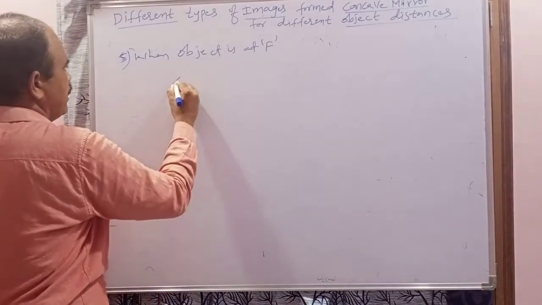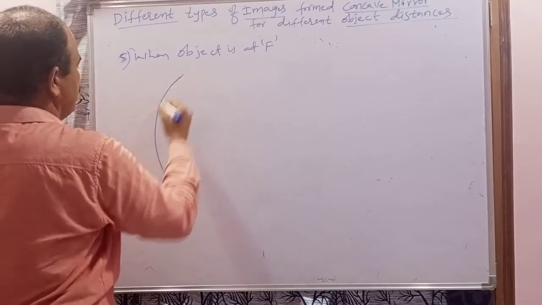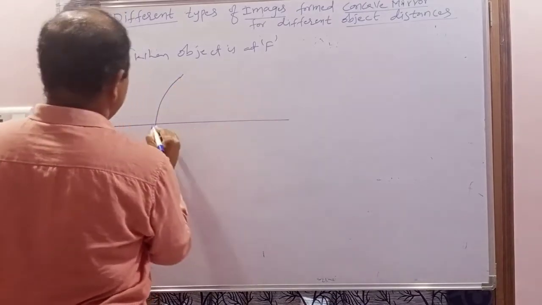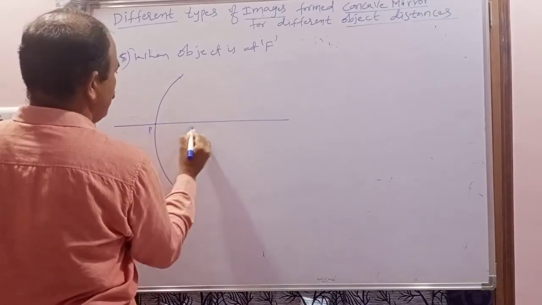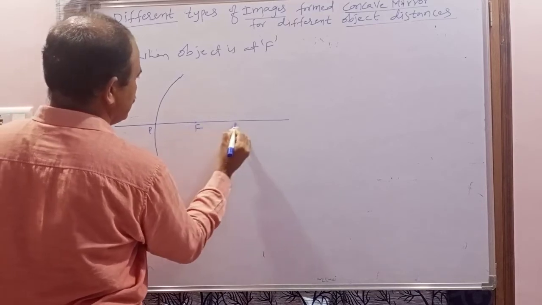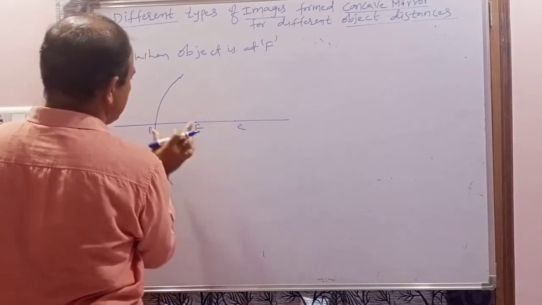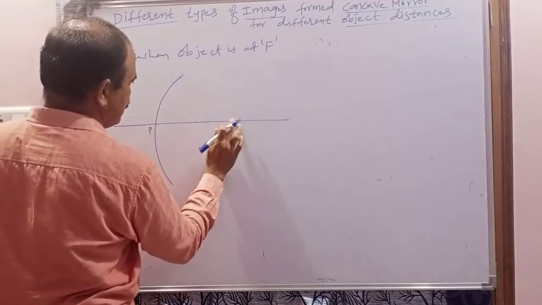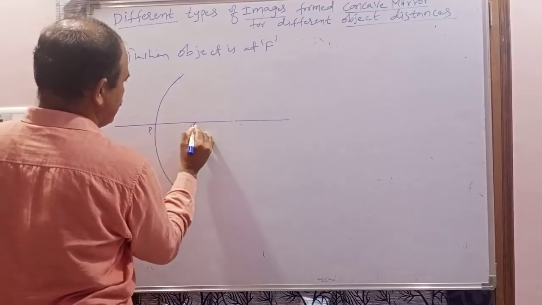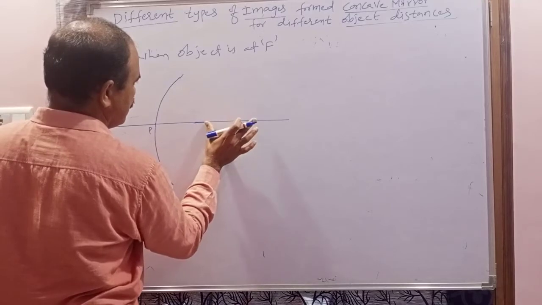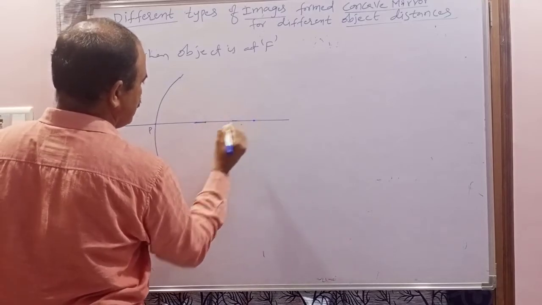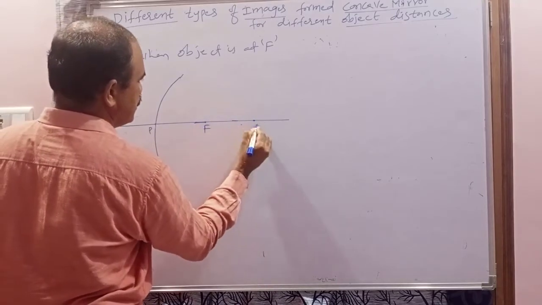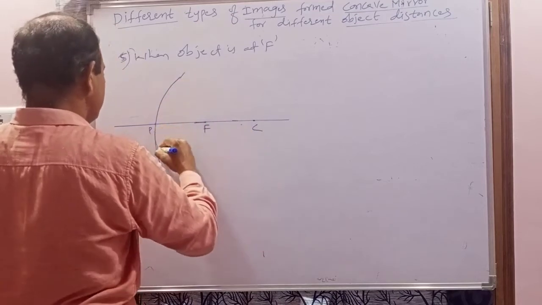Now this is a concave mirror. This is the pole, this is the focus. Now consider this is the center of curvature.